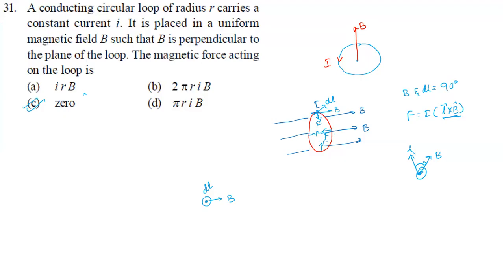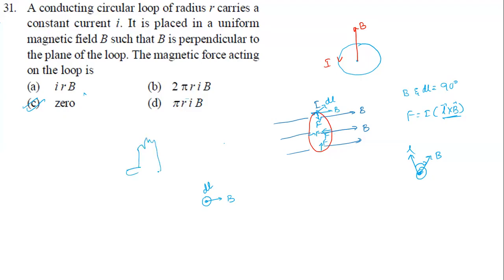To understand this question, a little imagination is required. DL is into the plane of the board. You need to hold your hand in such a way, like this: this is the thumb, and these are the remaining fingers.